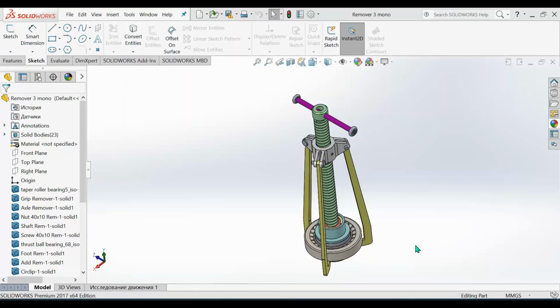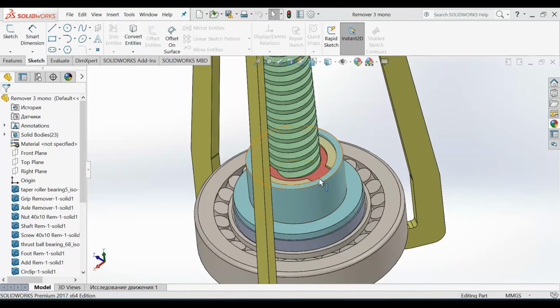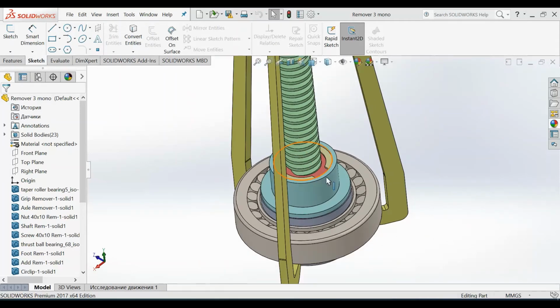And it consists of the same elements: handle, screw, frame, pin. Here we have a foot and a bearing, a small bearing in this foot.